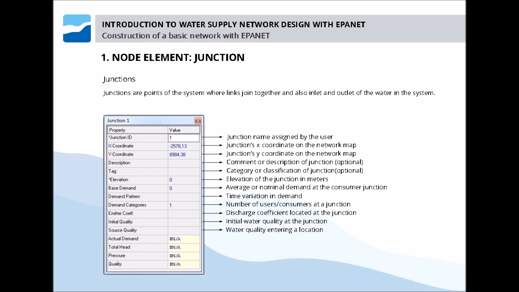We can also see the nominal water demand at the consumer junction, as well as a possible identifier to characterize the demand depending on the consumption pattern, the category, the number of categories of the different demands, and finally, we have the possibility to simulate this demand node as an emitter.